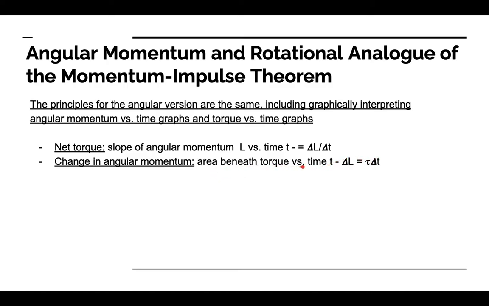So the area beneath a torque versus time graph is going to give us the change in angular momentum, just as the area beneath a force versus time graph will give us our change in linear momentum. So it's nice how all the principles that we see from translational motion also hold up for rotational motion as well.